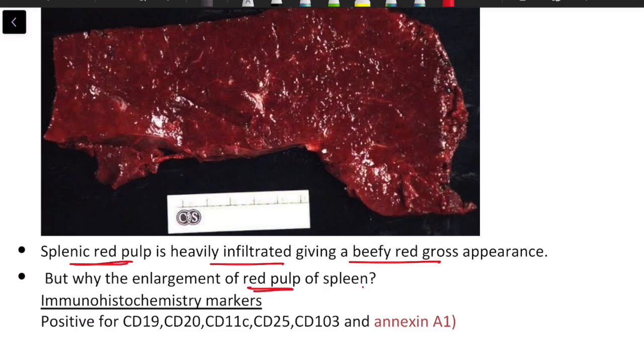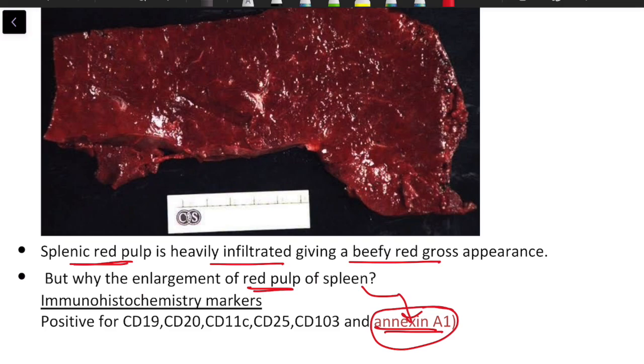First of all, the answer for this is given in the immunohistochemistry markers, and that is annexin A1. Annexin A1 is a cellular marker expressed by apoptotic cells, which helps in their phagocytosis, because macrophages recognize this marker and actively phagocytose apoptotic cells.